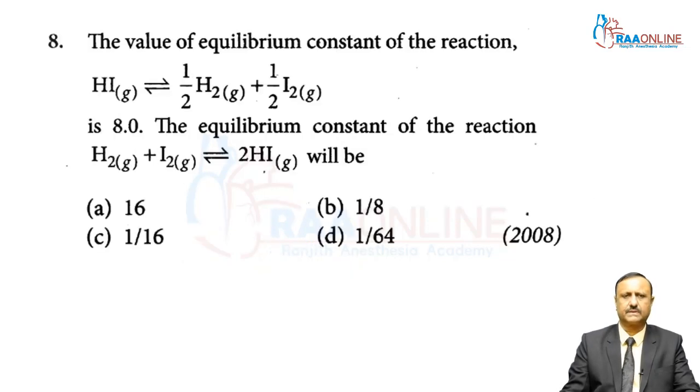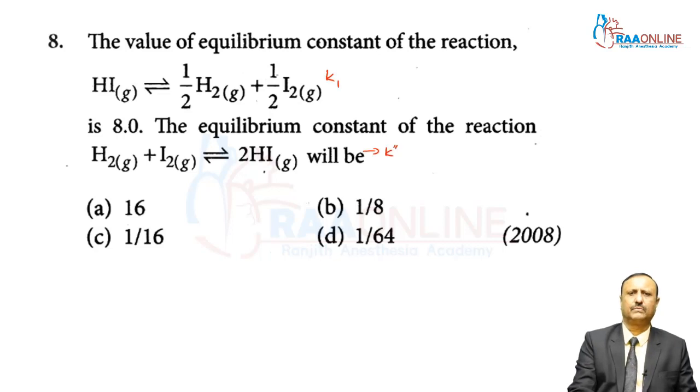Now, my dear students, we can see question number 8. The value of the equilibrium constant of the reaction HI gives half H2 plus half I2 is 8. What is the equilibrium constant of the reaction asked? This is K1 and this is K dash.